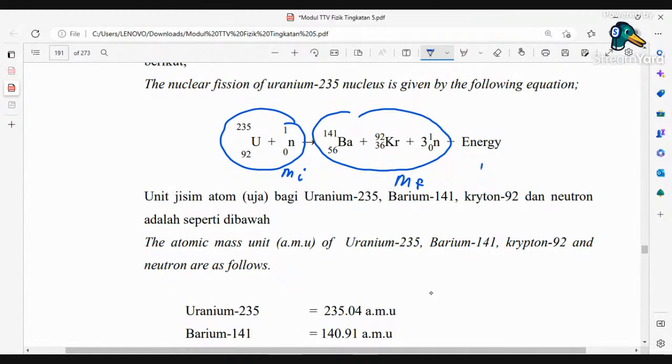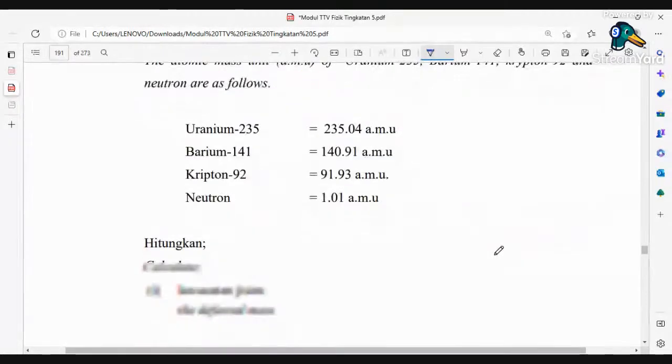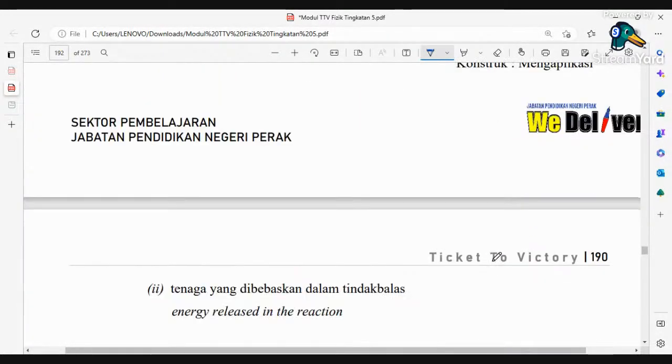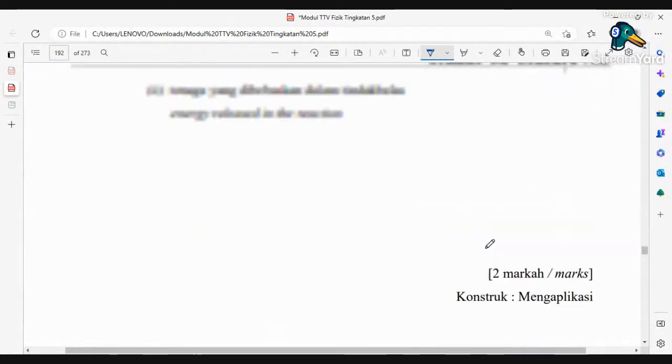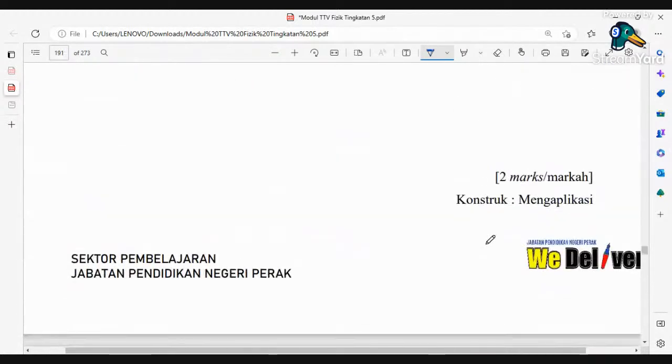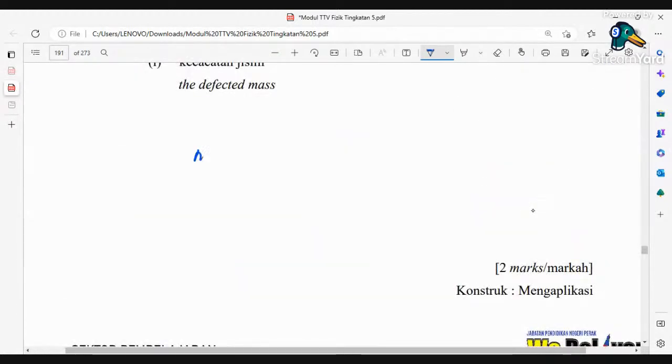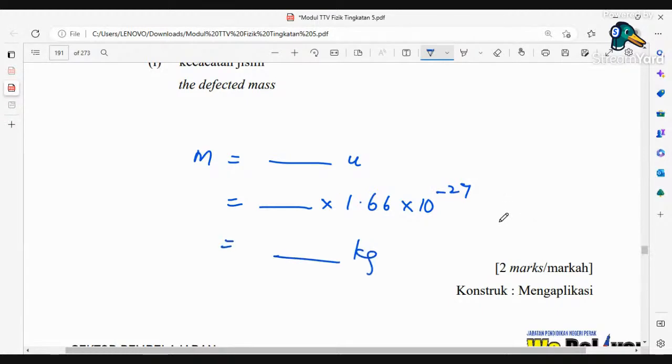The mass defect equals mass initial minus mass final. Your answer in atomic mass unit, you convert to kilogram by multiplying with 1.66 times 10 power negative 27.